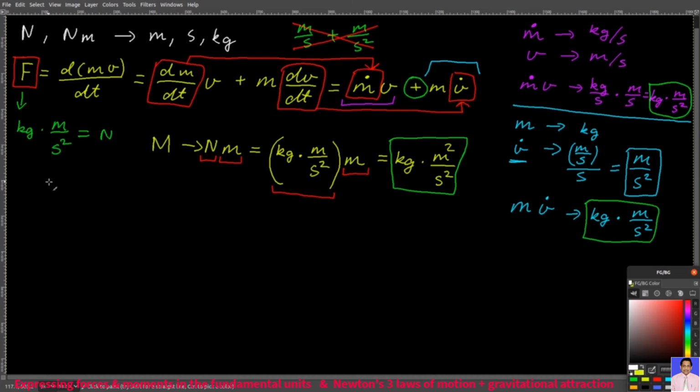Now, in high school, you probably learned that F equals m times a. A is acceleration, or v dot in our case. It's the same thing. That's a special case.